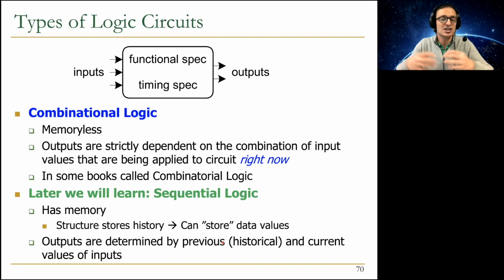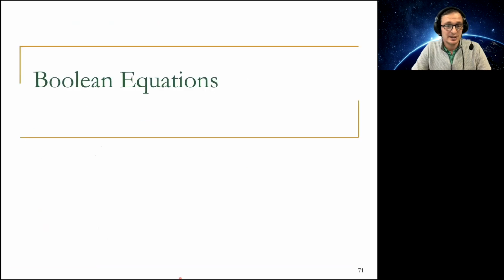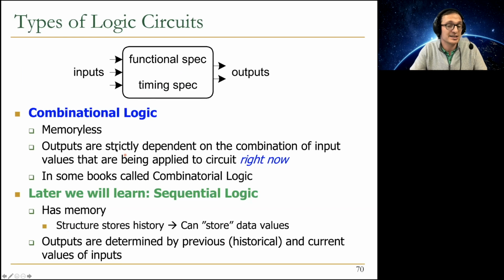So in a sense, sequential logic is more general. It encompasses some memory plus combinational logic, essentially. That's the idea over here. So today we're going to focus a lot on combinational logic. And all computers have both combinational and sequential logic in the end. And both of them are composed of logic gates, and logic gates are in turn composed of transistors, like we have seen earlier.